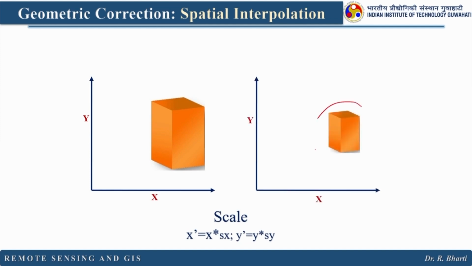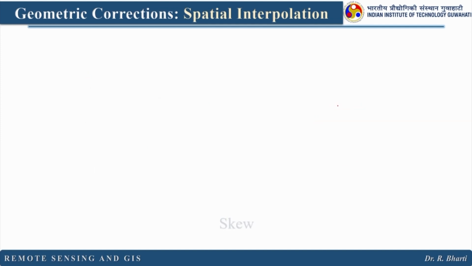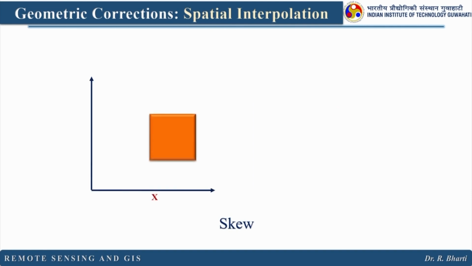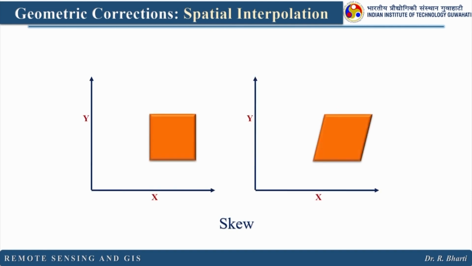So, this is the effect. In skewness, because of the earth also we have seen, there will be change in the orientation, right. So, you need to understand how these are going to affect your image, and after correction it has to be in its proper shape, size and location, right.